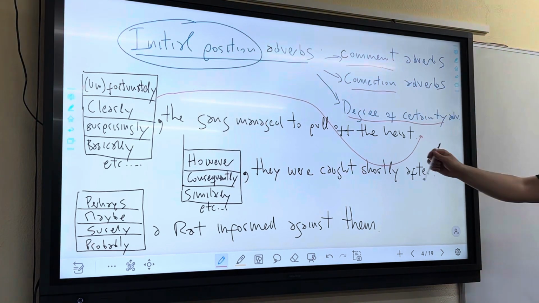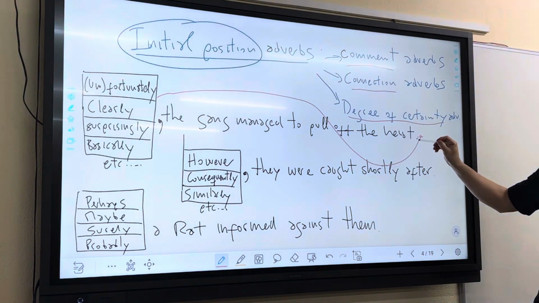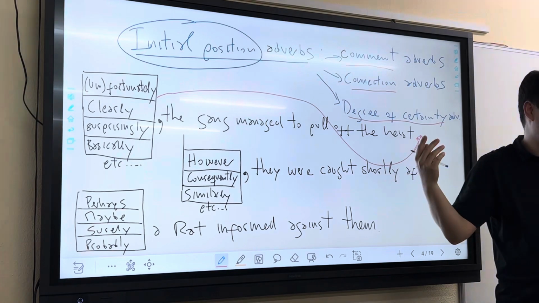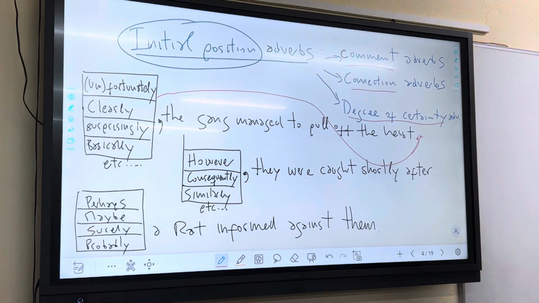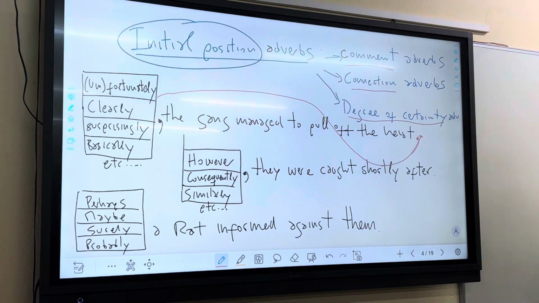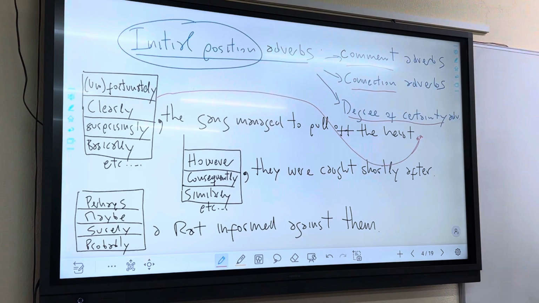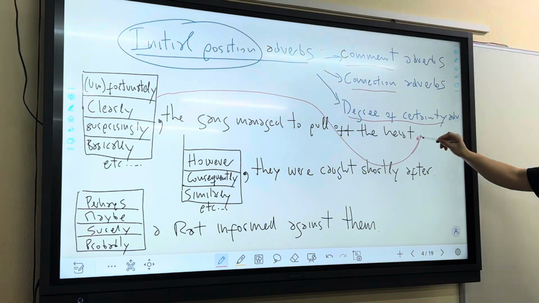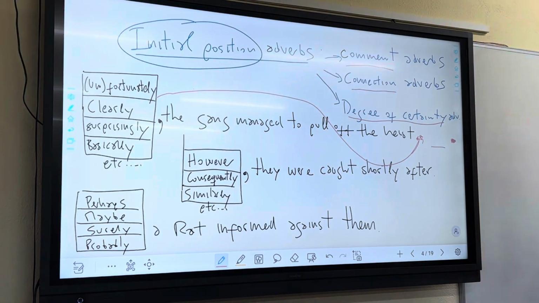The gang managed to pull off the heist, comma, surprisingly, clearly. Yes, you can, but it's not the most natural position. It's a little bit forced, okay? Because there will be a full stop. Comma, adverb, and then full stop. Yes, you can.